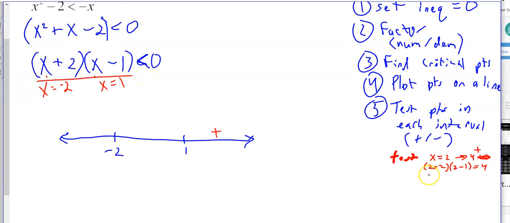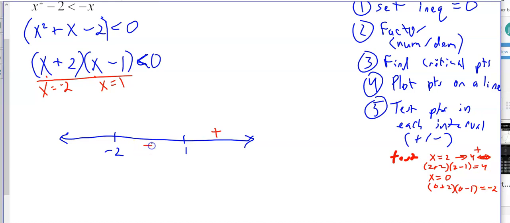So let's test a point in the middle interval. Let's test x equals 0, because I picked a number between -2 and 1 for that middle interval. It's just any number that's easy to plug in. If you plug in 0, this would be 0 plus 2 times 0 minus 1. So 2 times -1 is -2. That's a negative.